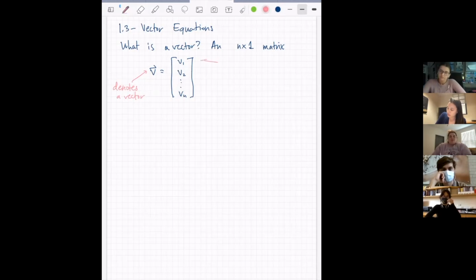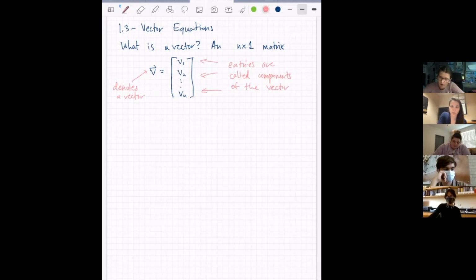These entries in the vector are called components of the vector. You could also just call them entries, or terms, but I'll probably use both.